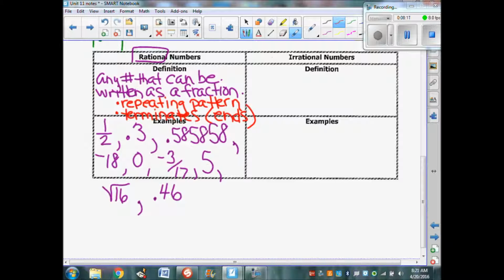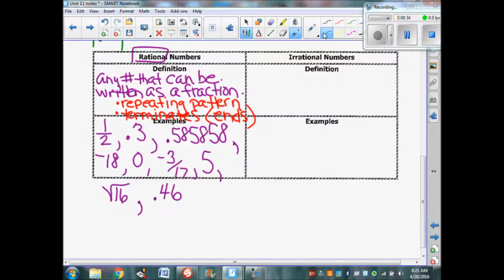It's a fraction. 0, put 0/1. That's a fraction. Same thing with 5. The square root of 16 we said is 4, so 4/1. That's a fraction. 0.46 ends, and I could also make it a fraction, 46/100, hundredths. So these are all rational numbers.